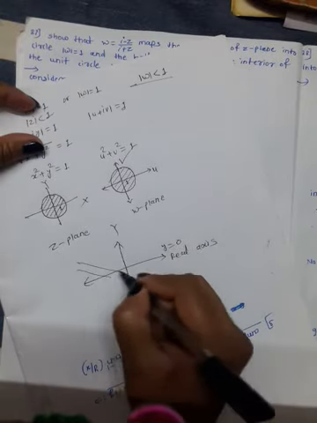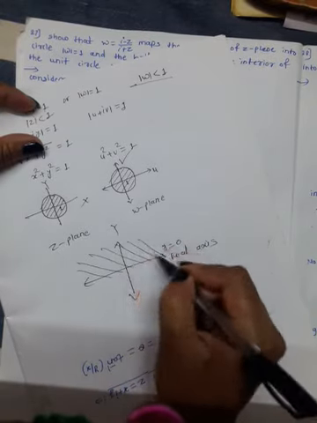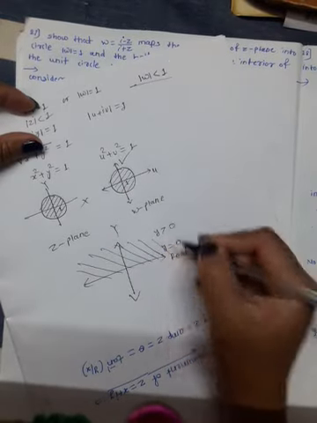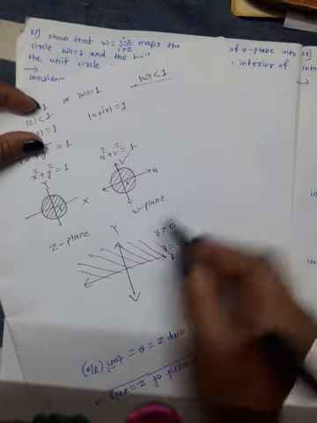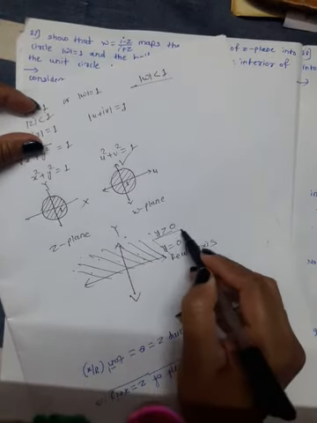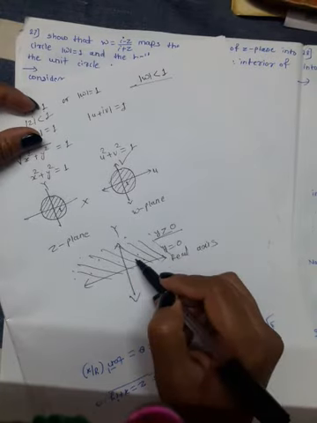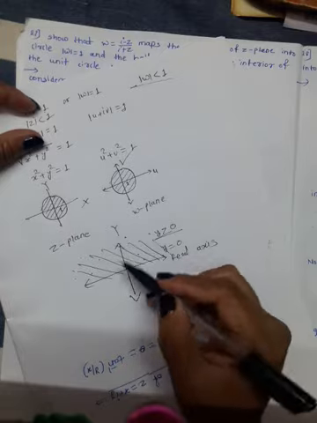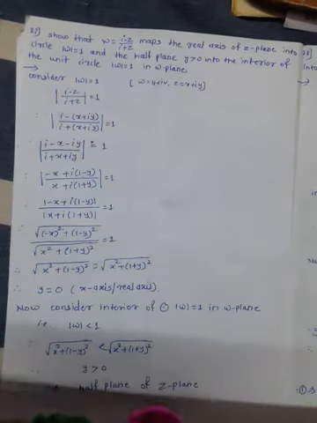That's why the upper half of this plane is nothing but y greater than 0, right? Each point has a y coordinate greater than 0, obviously. That's why this half plane indicates y is greater than 0. This is called a half plane.